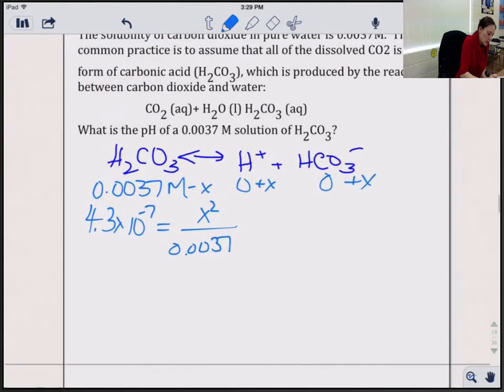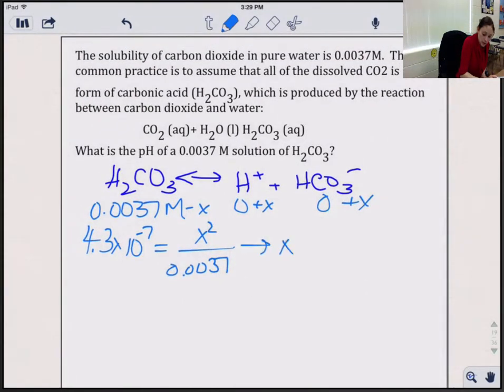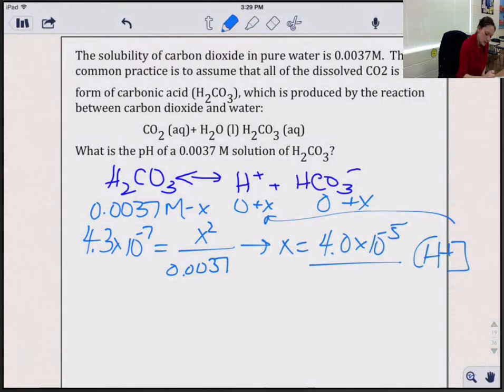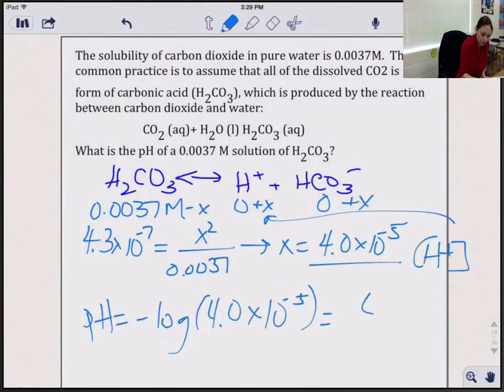Then x is going to be 4.0 times 10 to the negative 5th. That is my H plus value, because that's the x. So my pH is the negative log of 4.0 times 10 to the negative 5th. That'd be 4.40 is the pH.